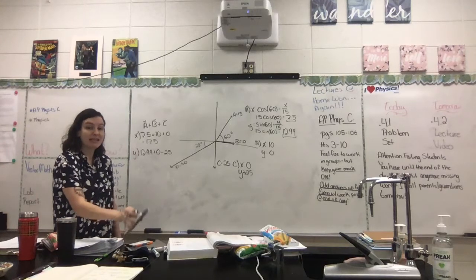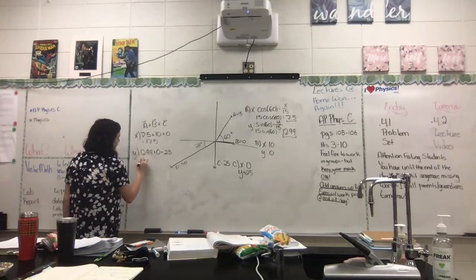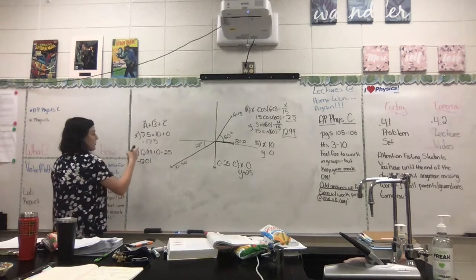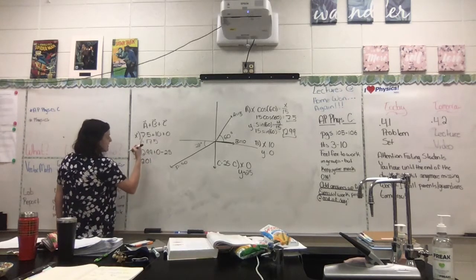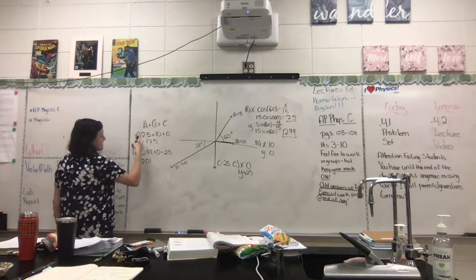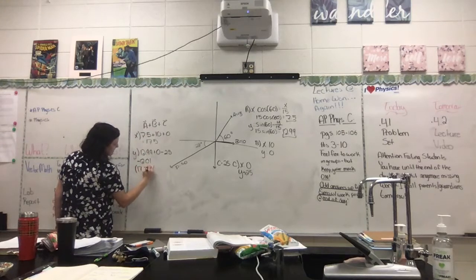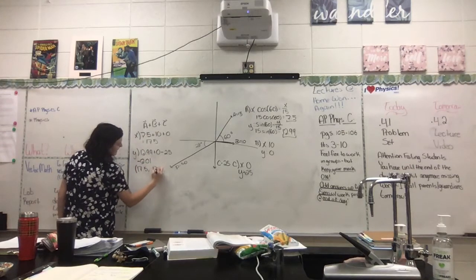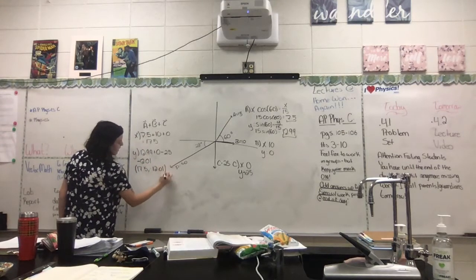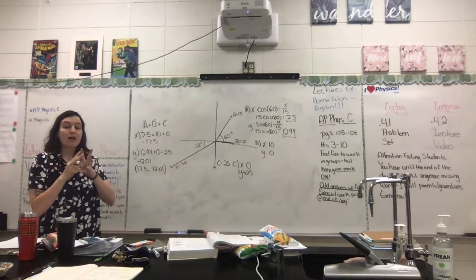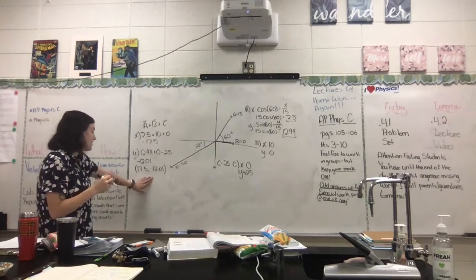And that's going to give us negative 12.01. So we know that this displacement vector, A plus B plus C, would occur at 17.5 x, negative 12.01 y.